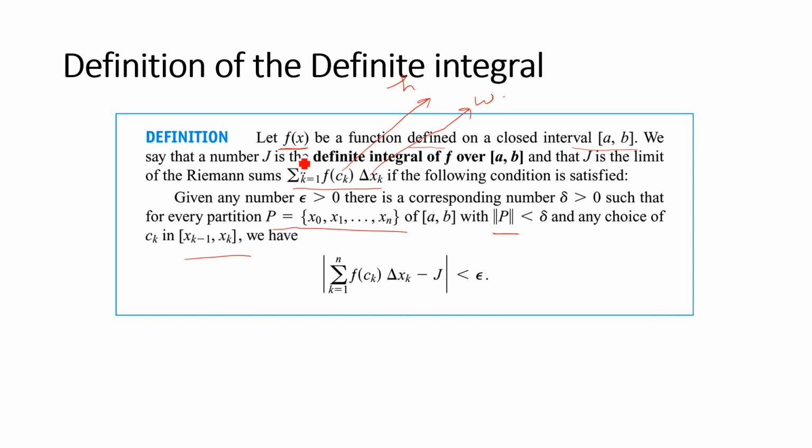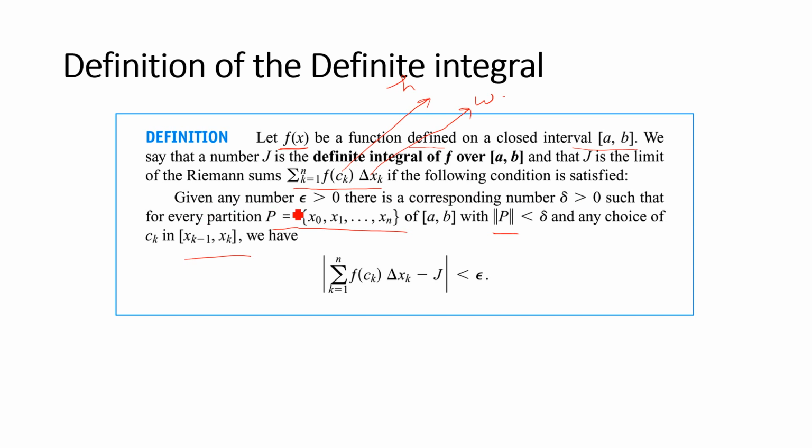Okay, so let's read it again. Let f(x) be a function defined on a closed interval [a, b]. We say that the number J is the definite integral of f over [a, b], and that J is the limit of the Riemann sum if the following condition is satisfied.